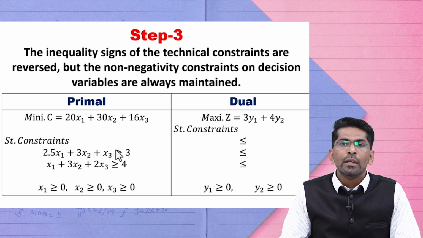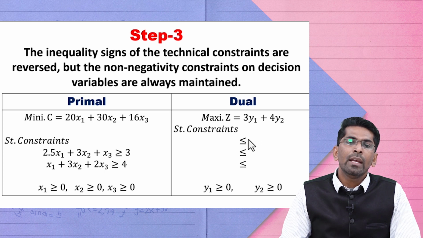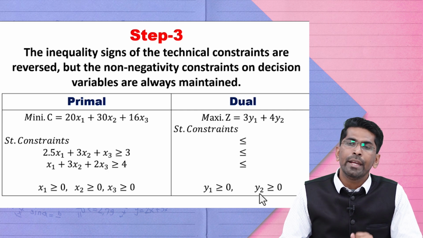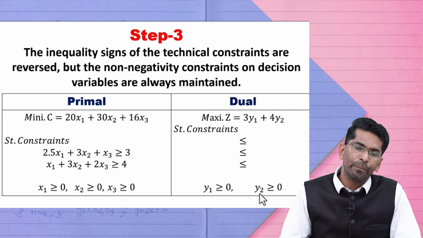We are going to reverse this inequality sign from greater than or equal to into less than or equal to. Since we have 3 variables, we convert into 3 constraints. So we have 3 inequality signs, less than or equal to, in the dual, which is a maximization problem. At the same time, we maintain that y1 and y2, the decision variables, are greater than or equal to 0.